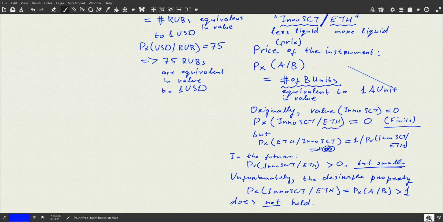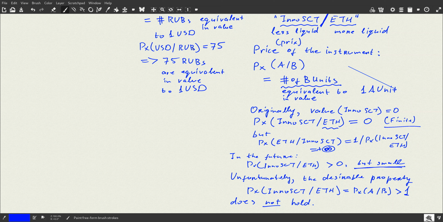If, on the contrary, we select it the other way around, Ethereum to INCT, then it would be greater than 1, and it would be very large values, I presume, but it could also become infinity, and it would be infinity to begin with. So whatever we do, either way, we cannot satisfy both desirable properties, that the price is finite and the price is greater than 1. Unfortunately, it doesn't work.